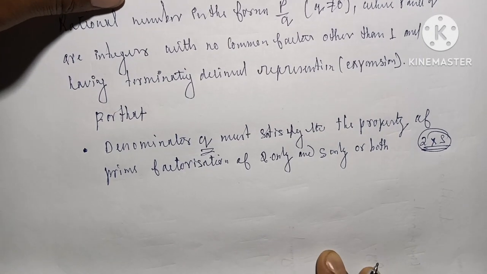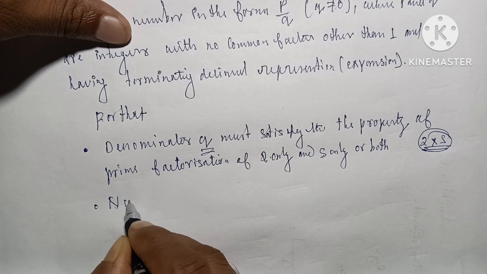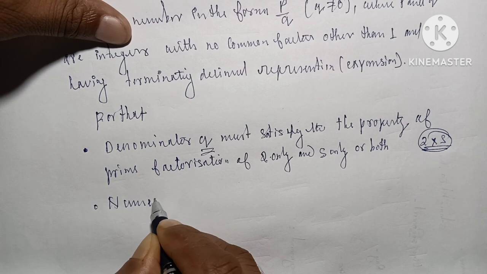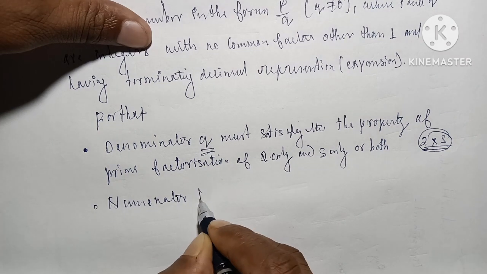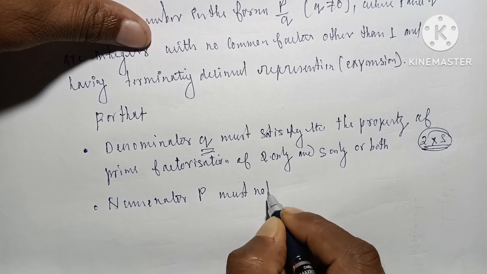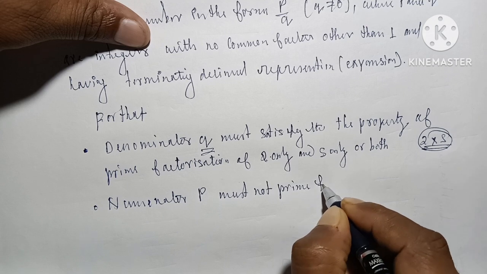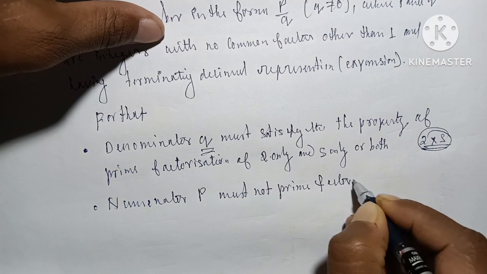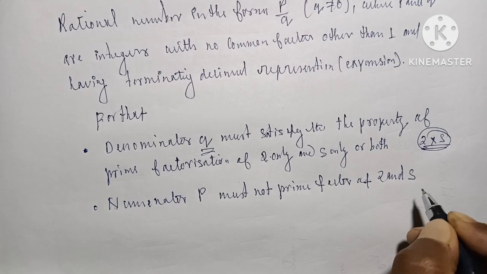Okay, then one more point: the numerator P must not have prime factors of 2 and 5.